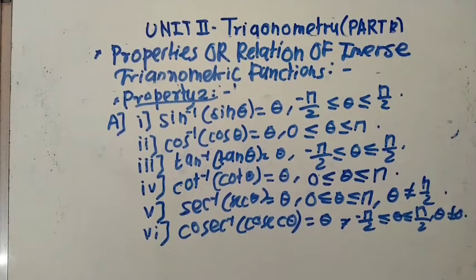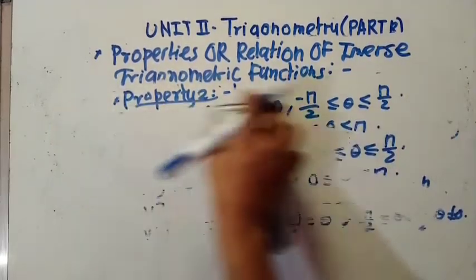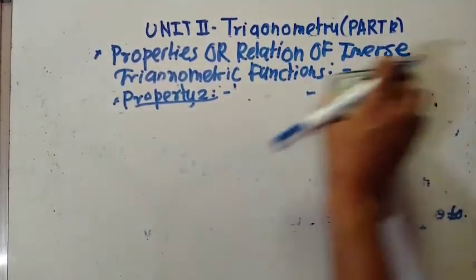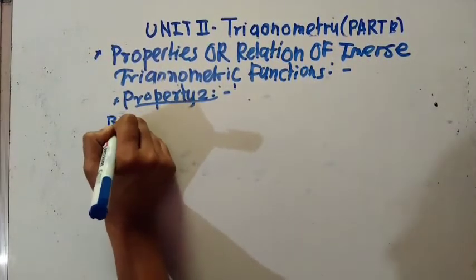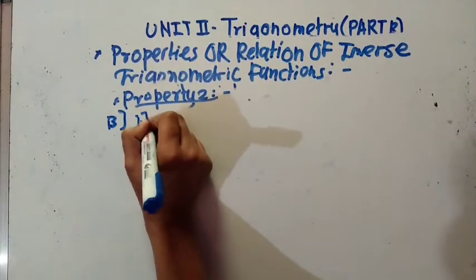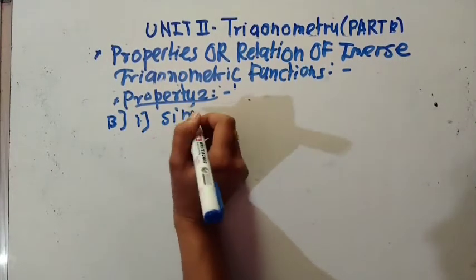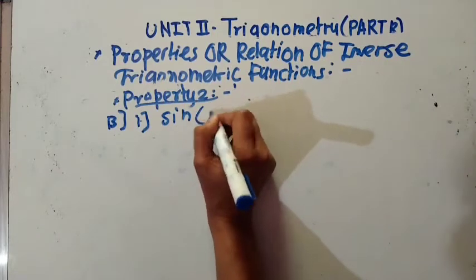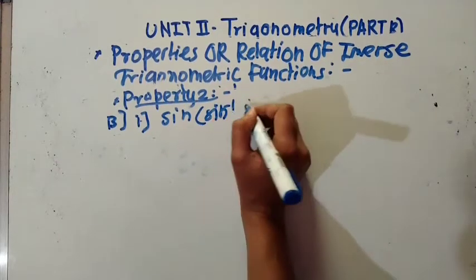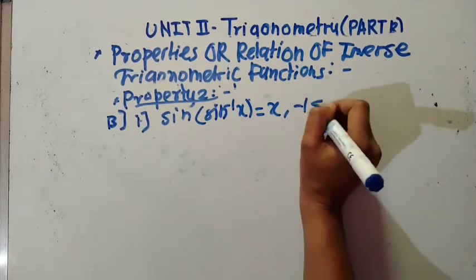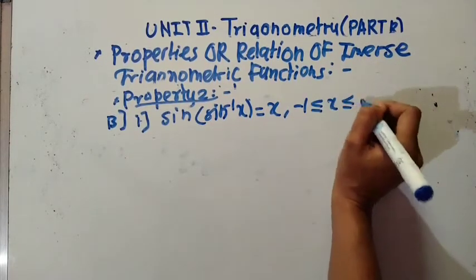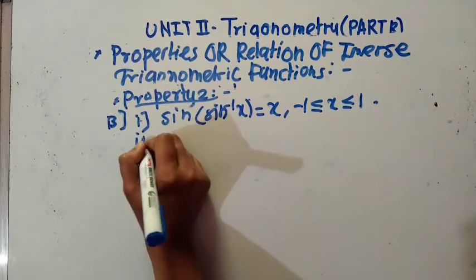Then next is property B. First property, sin of sin inverse of x is equal to x, where minus 1 less than or equal to x less than or equal to 1.